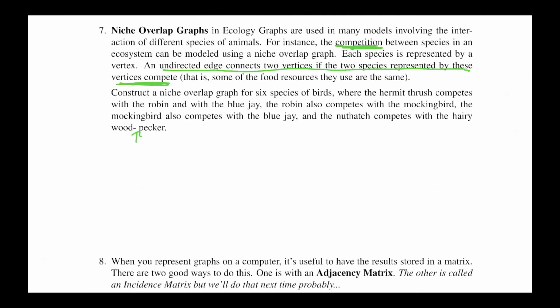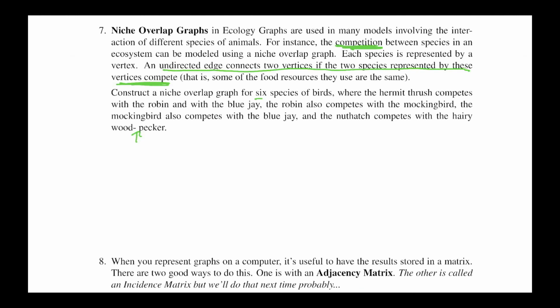And so we're going to construct this. So how do you do a niche overlap graph? So we have the interaction of different species of animals. In this case, we're talking about birds, and every species is a vertex, and then there are edges if they compete. So we just go down the list here. This is just like drawing the acquaintanceship graph, really.